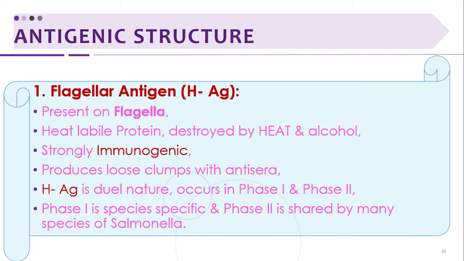That means if it is present in S. typhi, then it may not be present in S. paratyphi A. So the phase 1 antigen is very species specific, while the phase 2 antigen may be shared by many species of Salmonella. It may be present in more than one species. This is the phase 1 and phase 2 dual nature seen in the flagellar antigen.